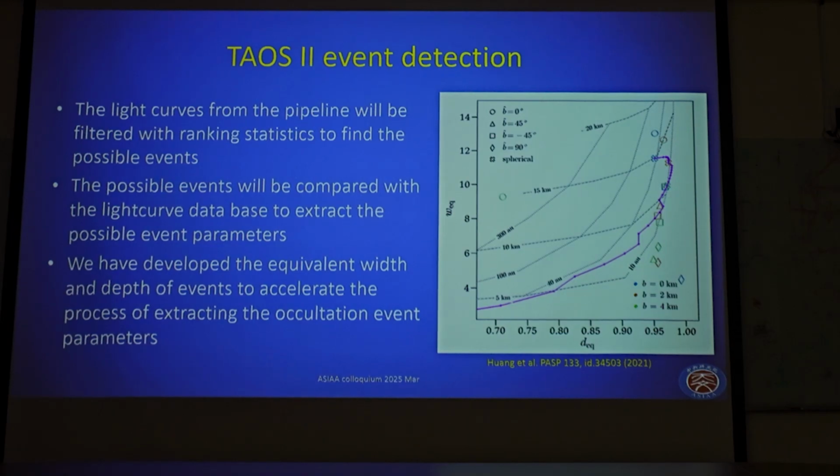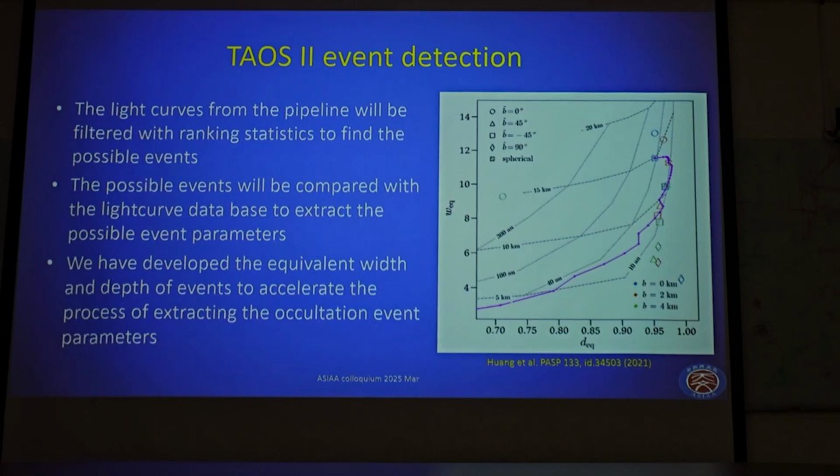So for TAOS II, it's a little bit different from TAOS I because of a higher sampling of the light curve. In TAOS I, we only had 5 Hertz light curves, meaning every event was just one dip.